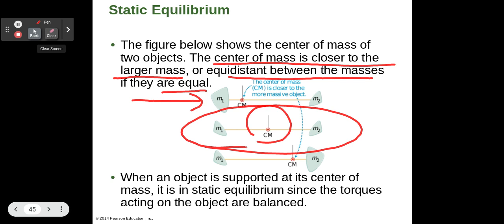When an object is supported at its center of mass, there is static equilibrium, because all the torques are balanced, so it's not going to be rotating. It will literally hang still. Think about a plumb line that carpenters use. That's why they use it, because it's going to give them that straight line.